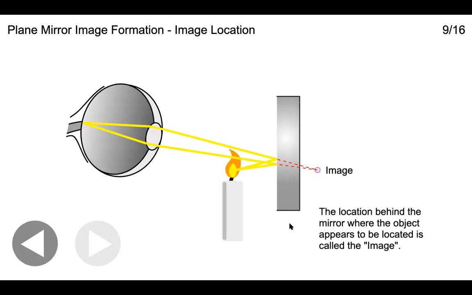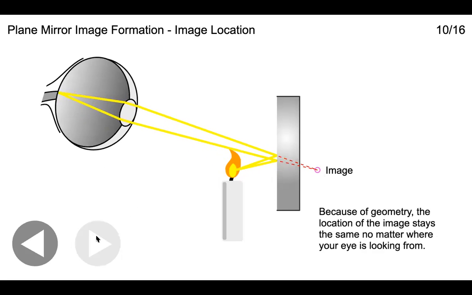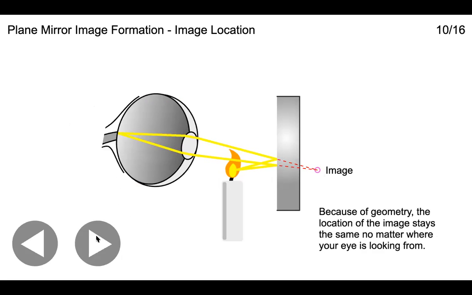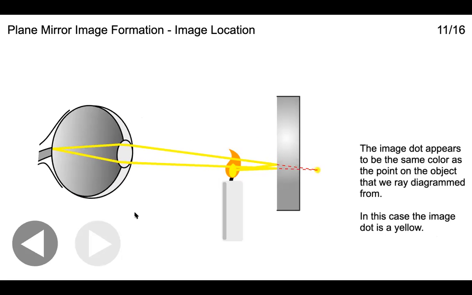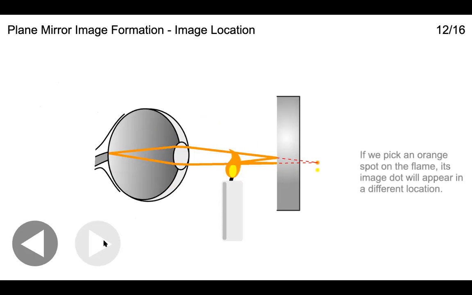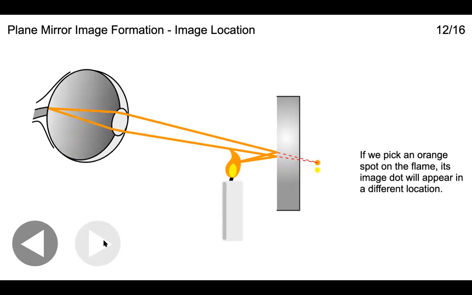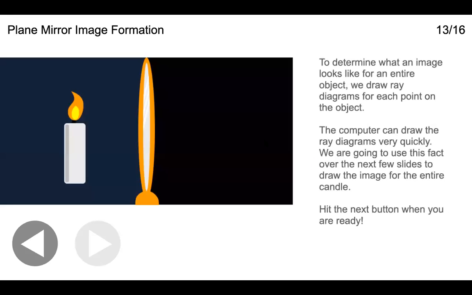And where all those reflected rays behind the mirror intersect, that's where the image appears. Different parts of the candle flame show different things.